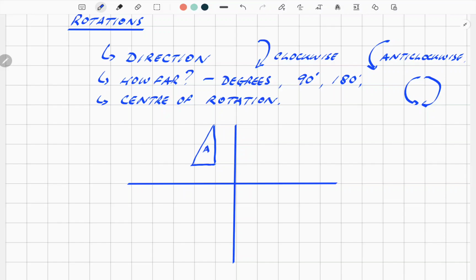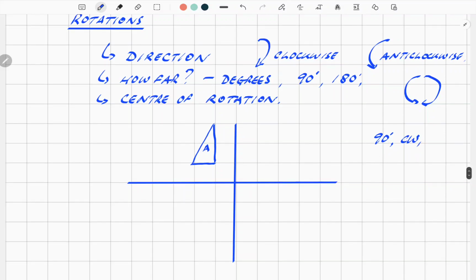So that's A. I'm going to rotate it 90 degrees clockwise. And about, the way they say it, about the origin. So in other words, 0 there, the origin.